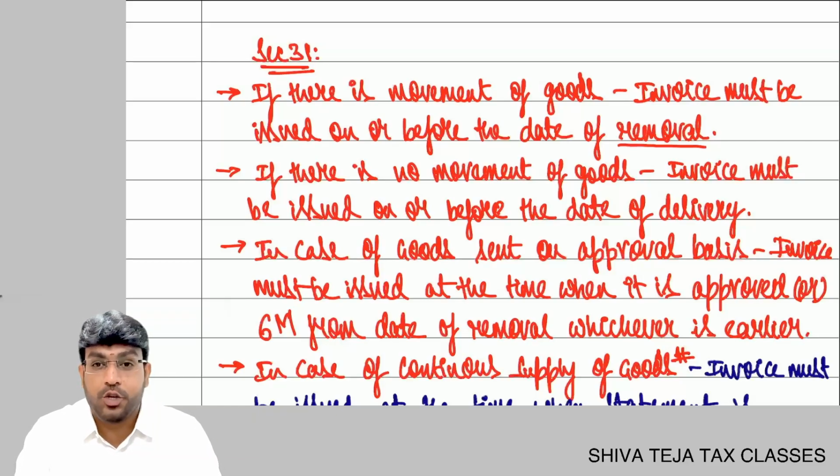If there is movement of goods, when we have to issue the invoice, my dear friends: on or before the date of removal. No movement of goods: on or before the date of delivery.